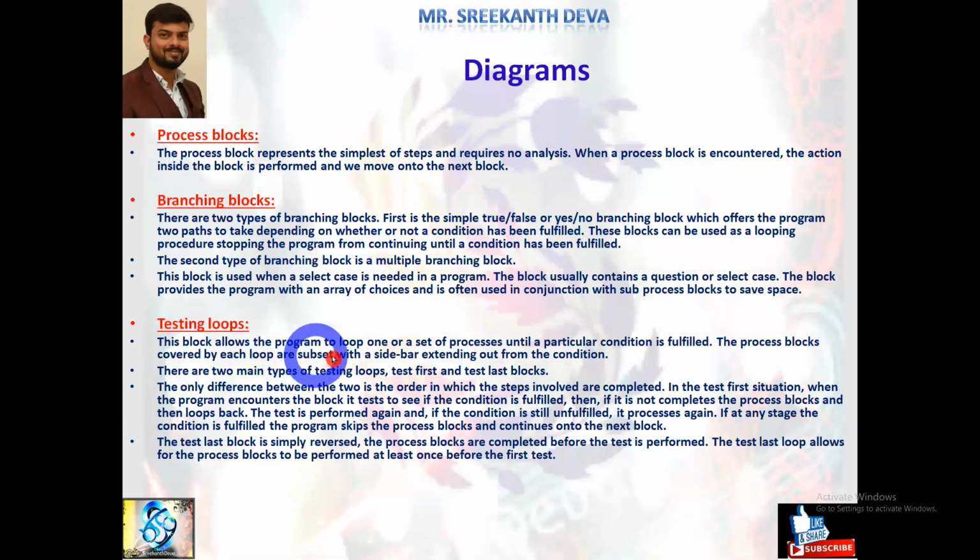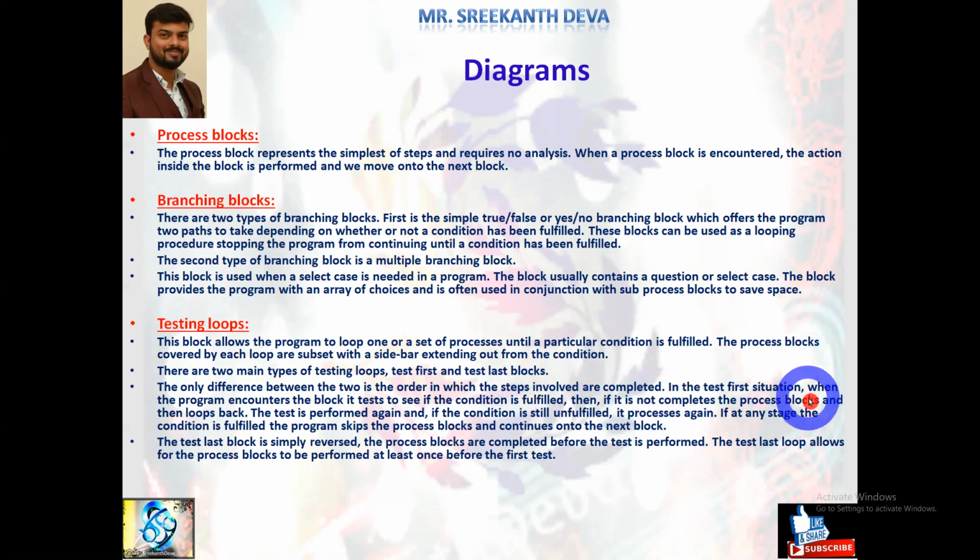Another one is called testing loops. This block allows the program to loop one or a set of processes until a particular condition is fulfilled. The process blocks covered by each loop are subset with a sidebar extending out from the condition. There are two main types of testing loops: test first and test last blocks. The only difference between the two is the order in which the steps are completed.